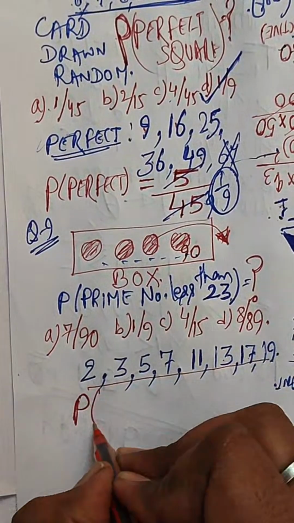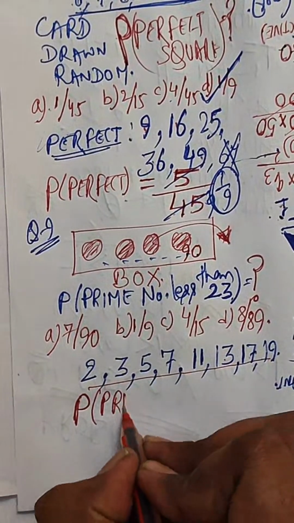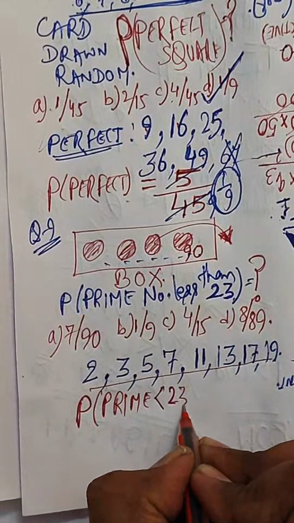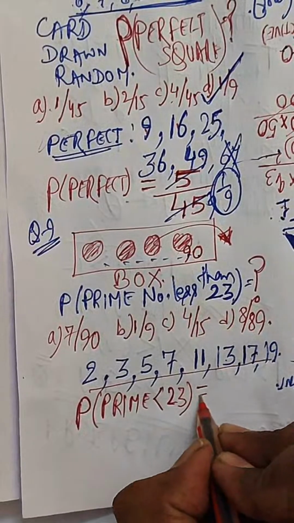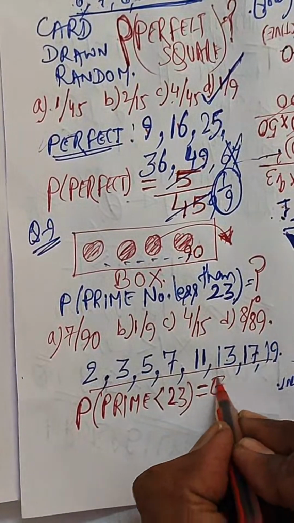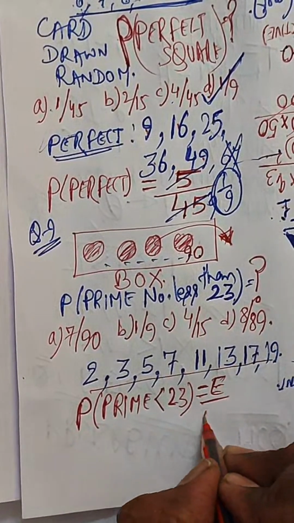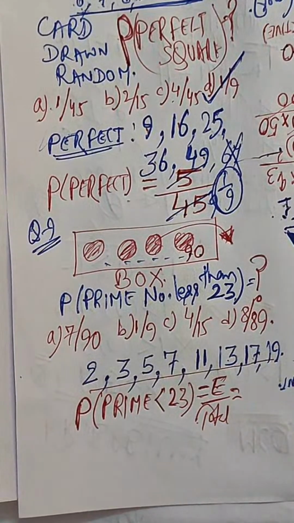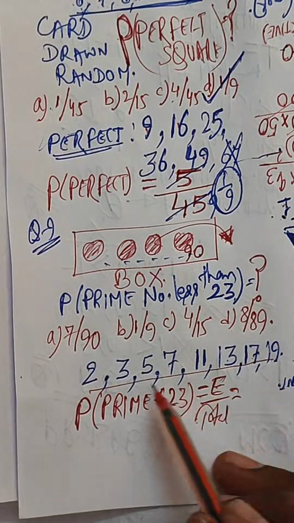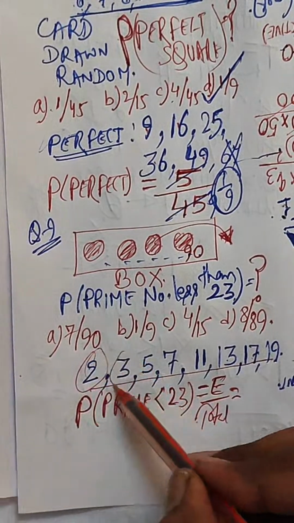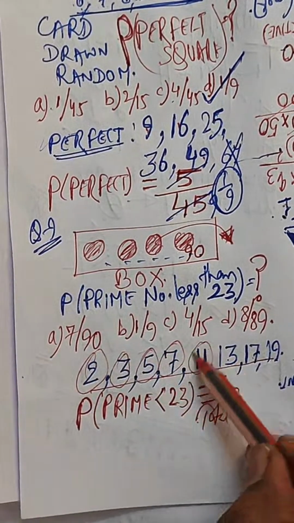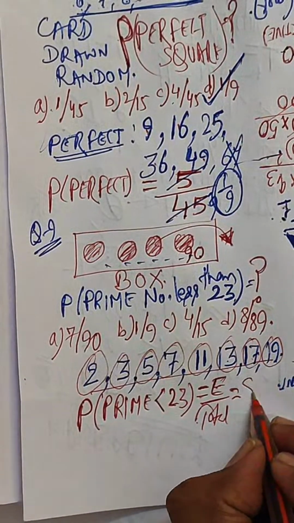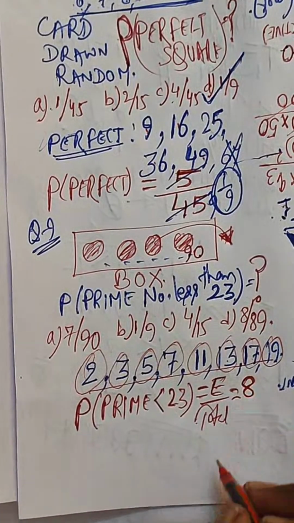Probability of a prime number less than 23 is the number of favorable events divided by total. So the number of favorable events over here are prime numbers 1, 2, 3, 4, 5, 6, 7 and 8, right? So it will be 8, right?